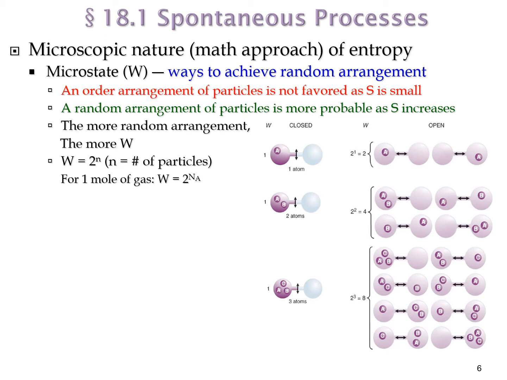That is a number that's way beyond our imagination. Remember, if n equals 30, W is already on the scale of 1 billion. And just imagine if the exponent is equal to 6.022 times 10 to the 23rd. That value of W, I don't think any computer or calculator in this world can give us.